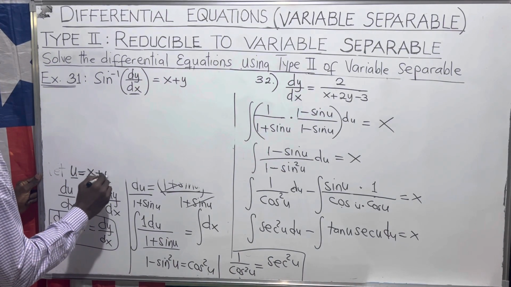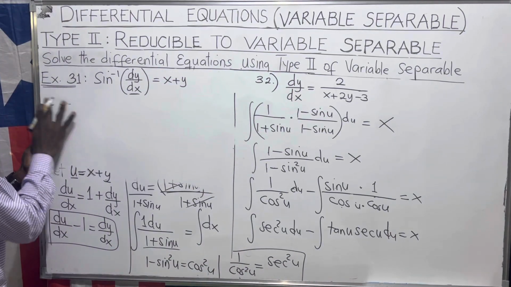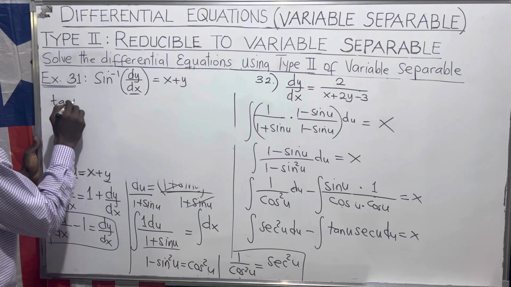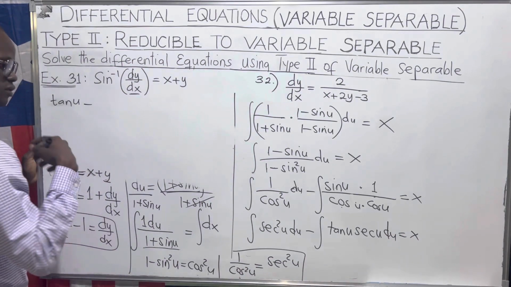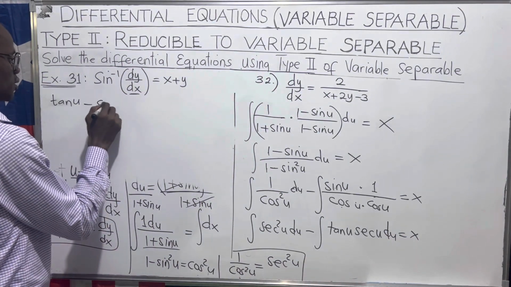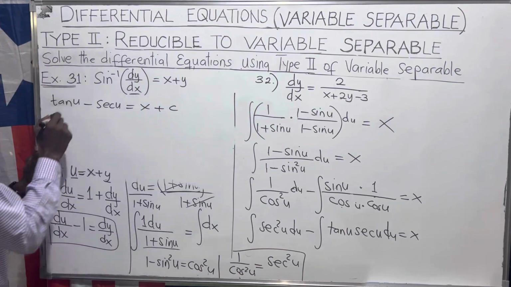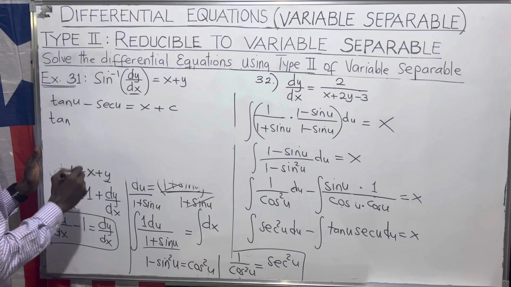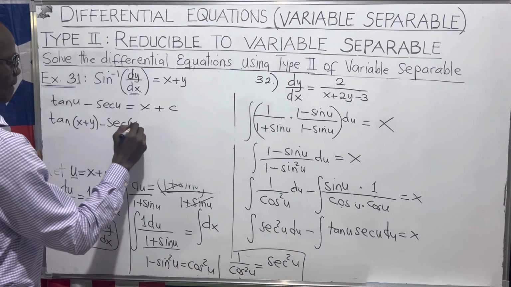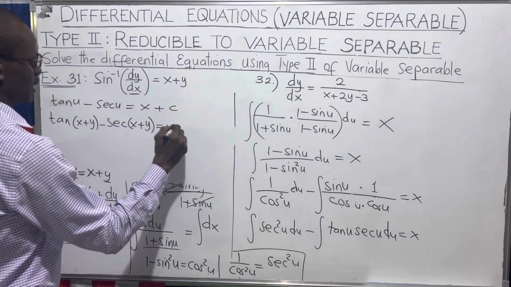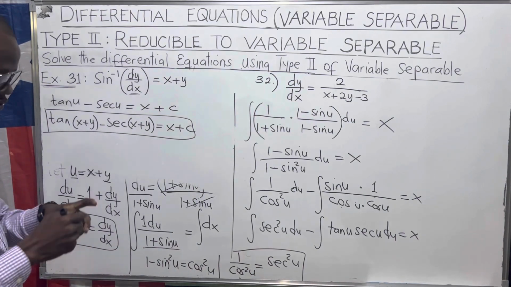So the integral of secant square u is tangent of u, minus the integral of tangent of u secant of u, which is just secant of u, equals x plus some arbitrary constant c. But what was u? u was just x plus y. Don't forget to replace u. So tangent of x plus y minus secant of x plus y equals x plus c. This is our general solution for the differential equation.